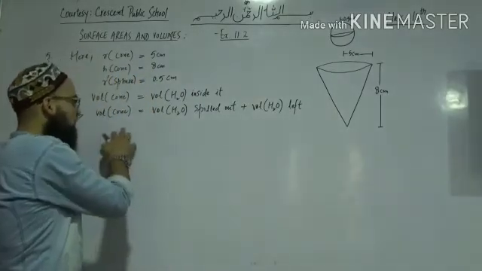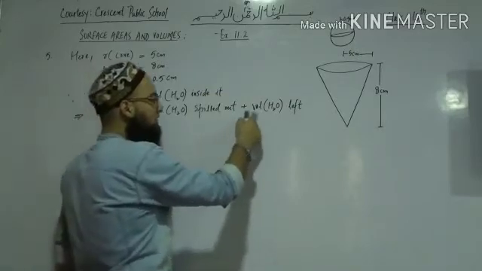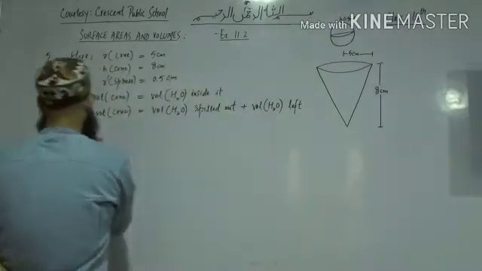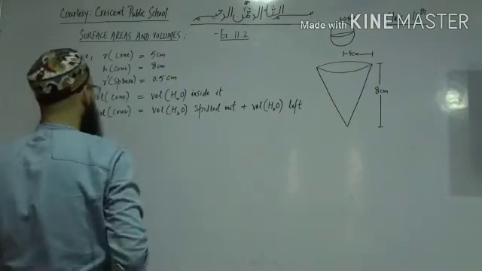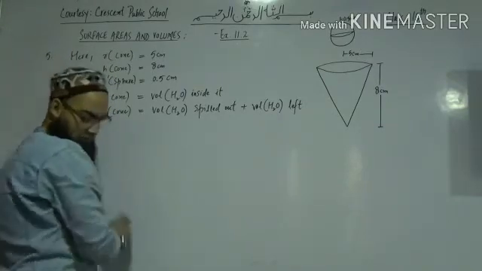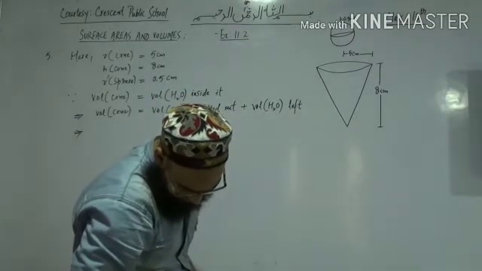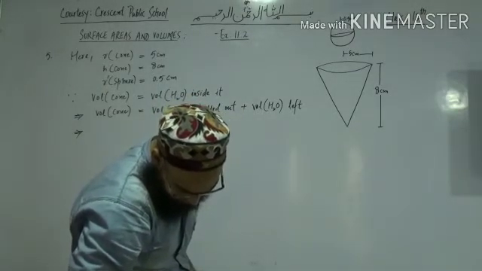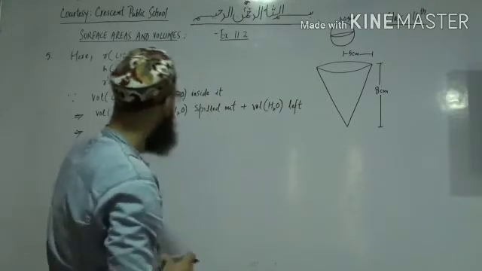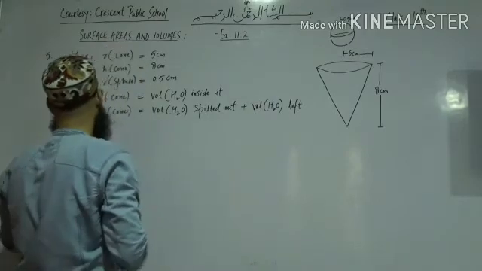Spilled out means what flows out. Which implies that now I can find volume of cone easily. We need to find the number of lead shots.